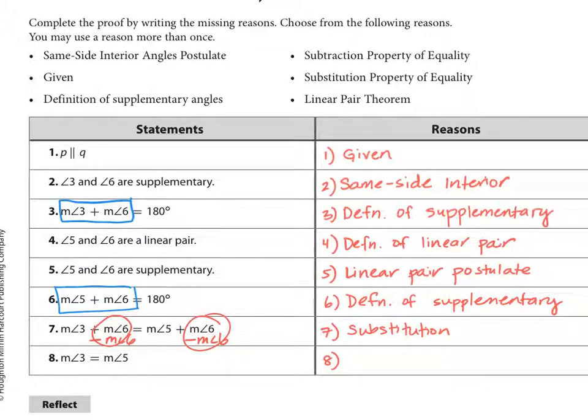And that leaves the measure of angle 3 is equal to the measure of angle 5. So the reason we can state number 8 is because of the subtraction property of equality. And I'm just going to write subtraction here, not the whole thing. And that's sufficient.